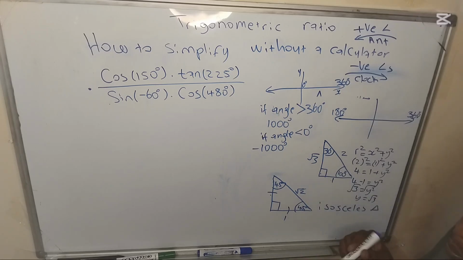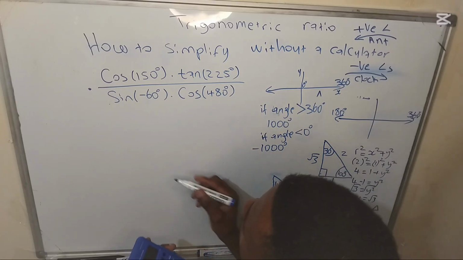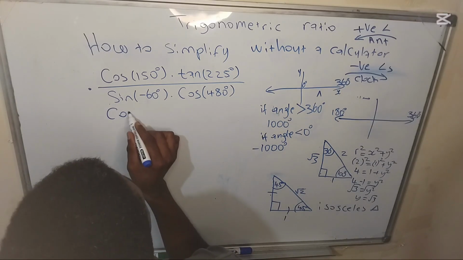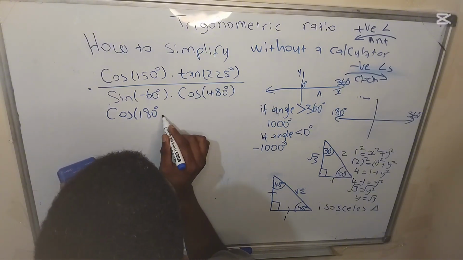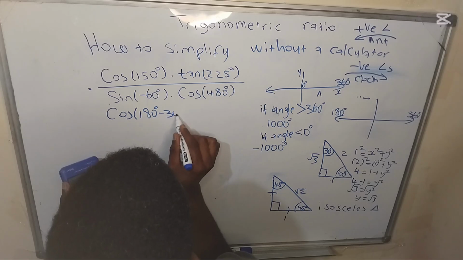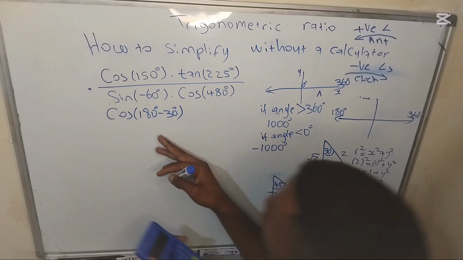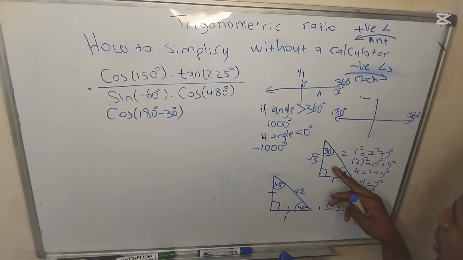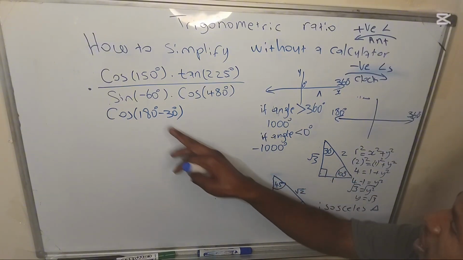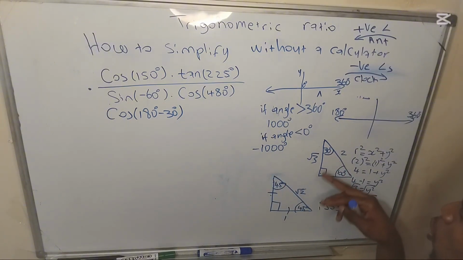Then 150 degrees can be written in the form of cos of 180 degrees minus 30 degrees. Because we have 30, which means we have special angles.